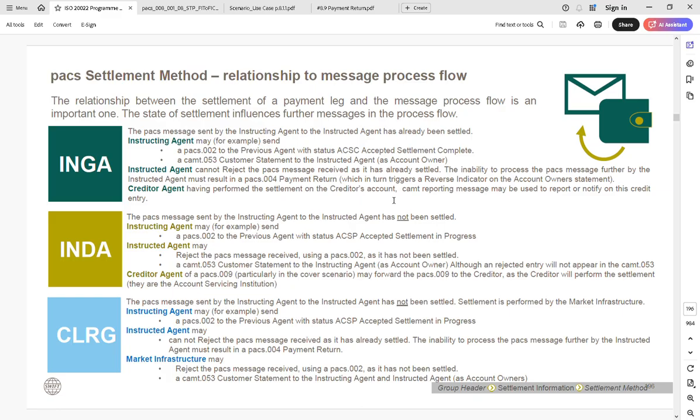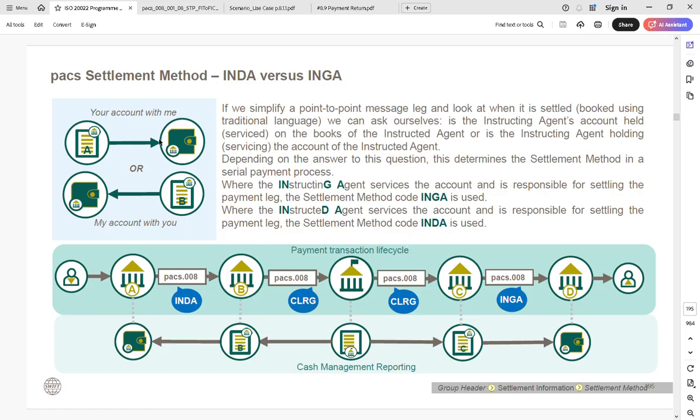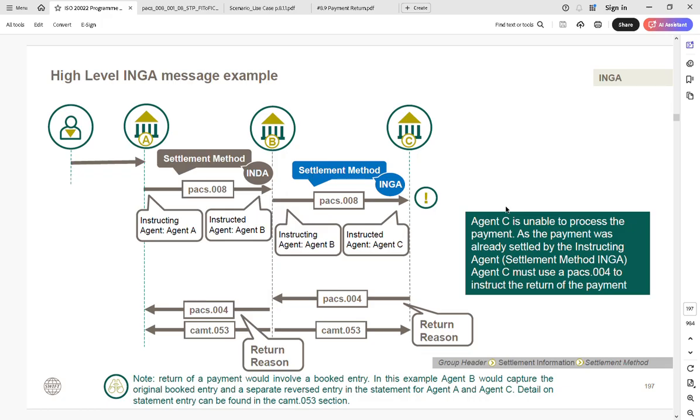This is INGA, settlement by the instructing agent, the sender of the payment, sender institution of the payment, INDA, the receiver, and cover. Clearing is not in the picture now for CBPR plus. If you are able to answer this question, it's fine. No need to explain; nobody will expect this from you. Whenever you're actually working on the project, that time maybe it can help you. But for now, this is sufficient for you to answer.